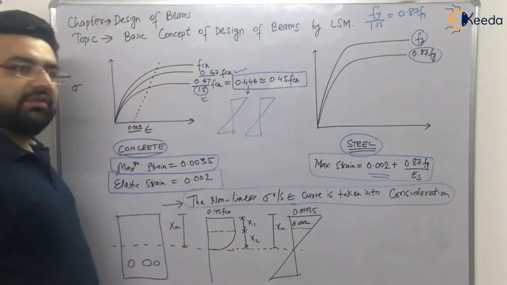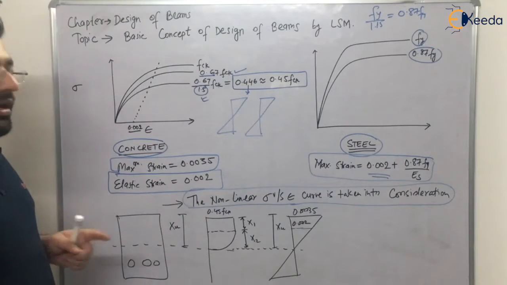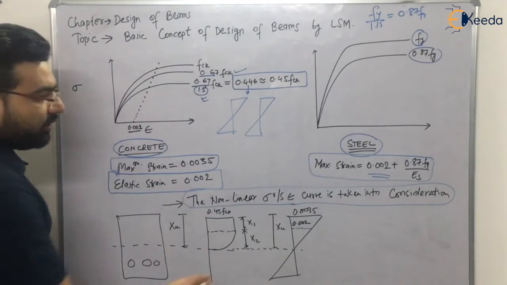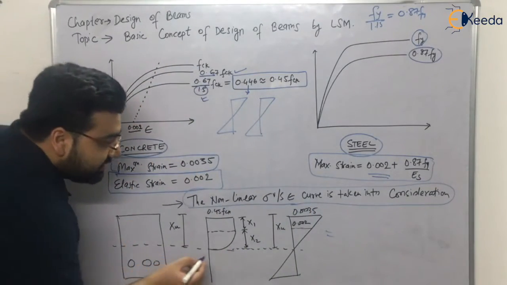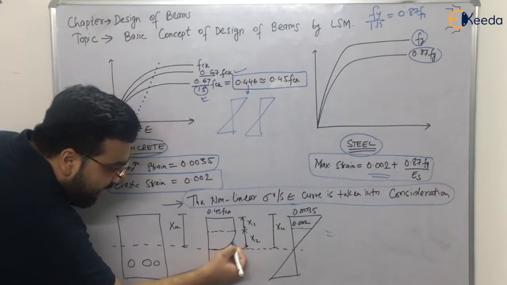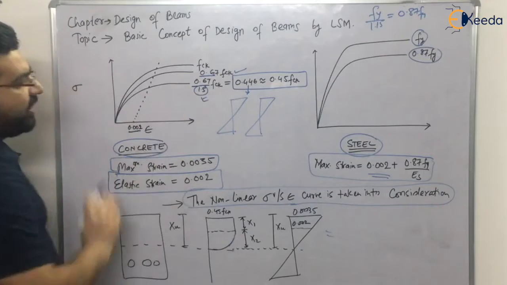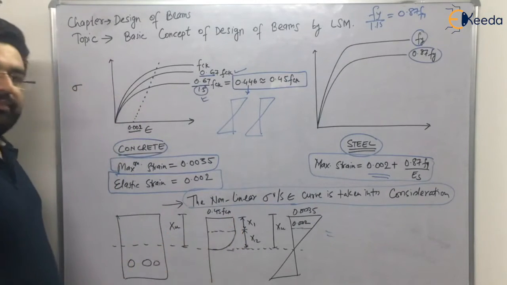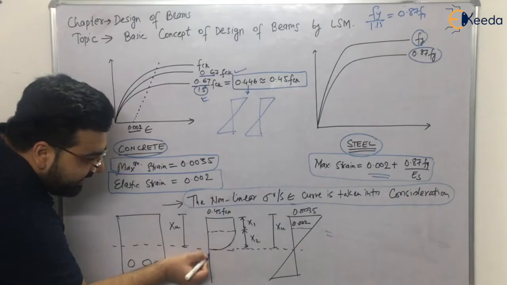But in case of the limit state method, this will not be the case. So this is the strain curve, it will be a straight line, but as far as the stress curve is concerned, this is taken as parabolic. Why is it parabolic? Because initially it is parabolic and then it is almost straight. Clear? Okay.